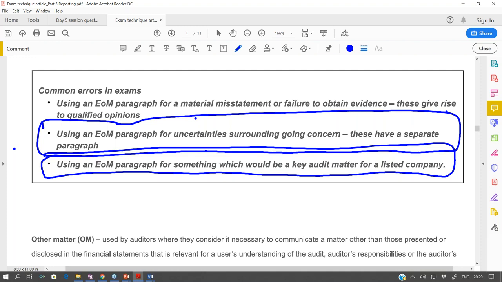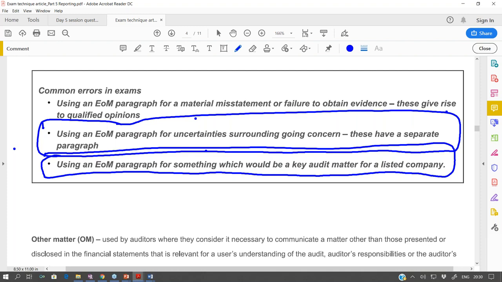Are you thinking about an emphasis of matter paragraph in a listed company? No. Are you thinking about an emphasis of matter paragraph in a non-listed company? Okay, so please have a bifurcation between KAM and emphasis. I have also covered this in my previous webinars. You can go through them. So this common error is done.